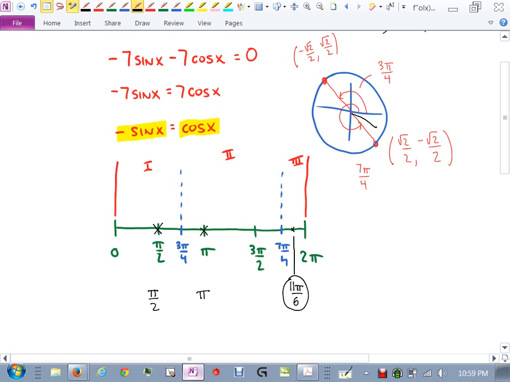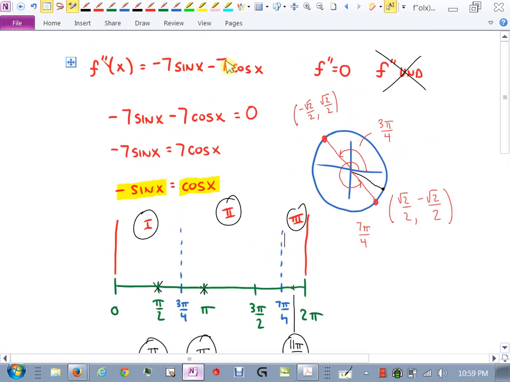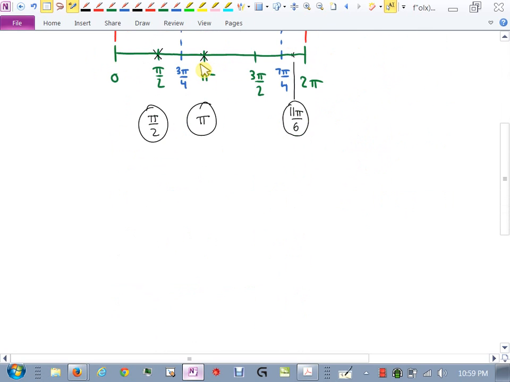It's this one right here. It's negative 30 degrees, negative pi over 6. So those are the 3 test points that I've picked. Each one of them lies in those 3 regions, and now I will plug those into the second derivative up here. So let's see what happens.